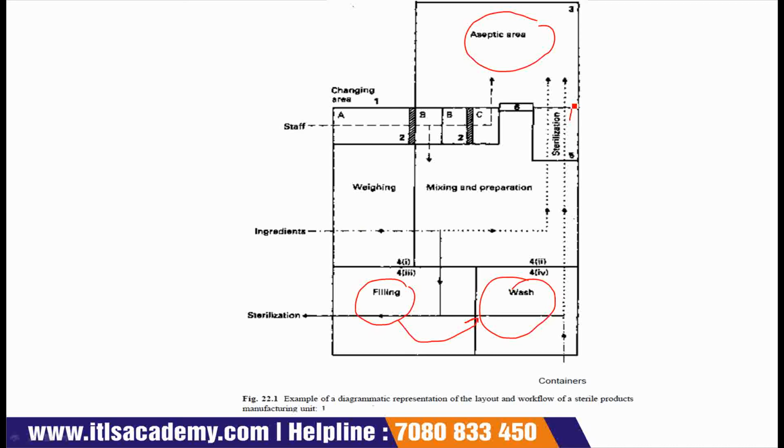You can see this is sterilization, and by the process of sterilization these are brought into aseptic area. Double-doored hatchway through which pressurized articles may be passed into aseptic area.